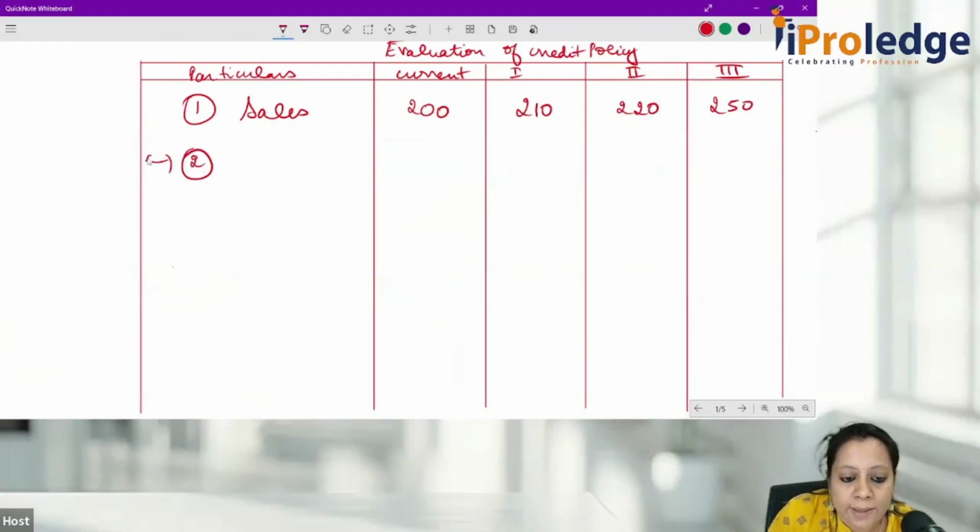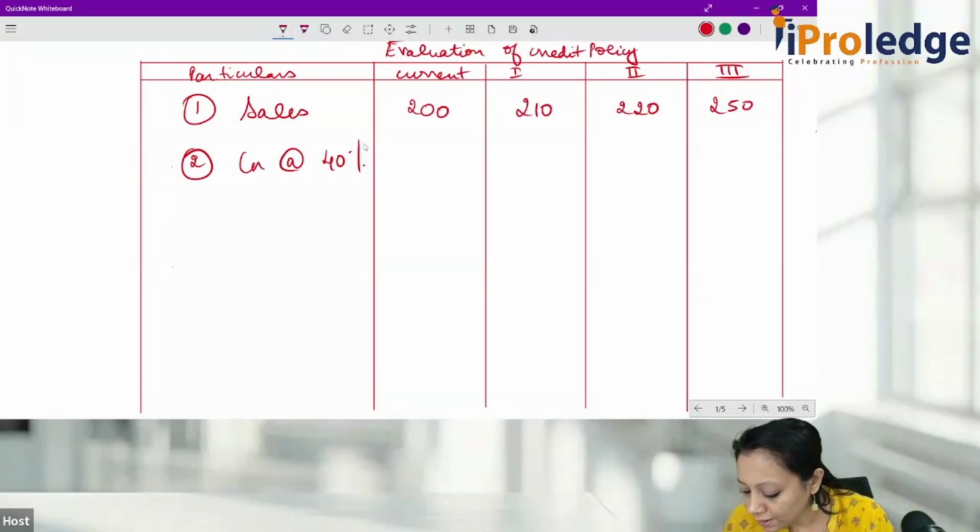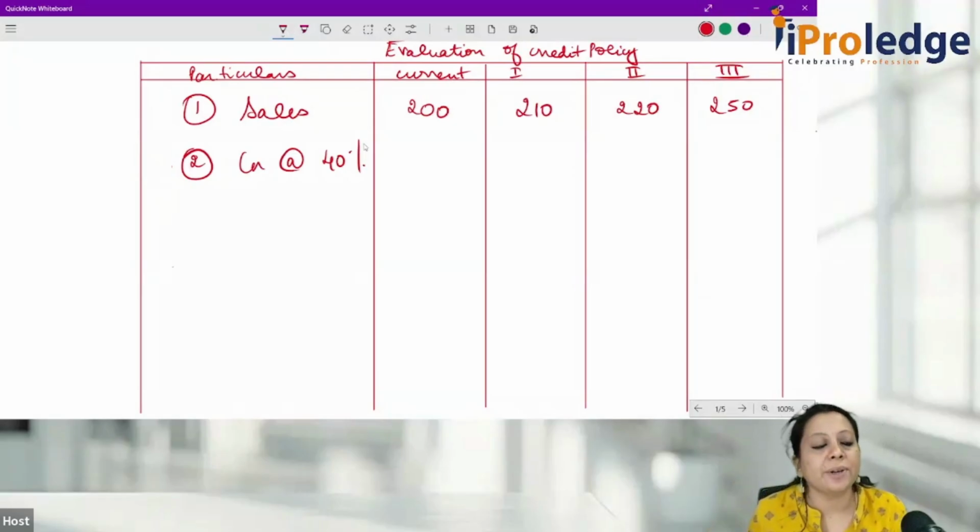So minus variable cost. Variable cost is going to be what? Okay, they have given contribution directly. You can all see, contribution at the rate of 40% is given. So directly we can calculate contribution at the rate of 40%. Now, some people try to work on incremental benefit or incremental cost. See, that is your choice.